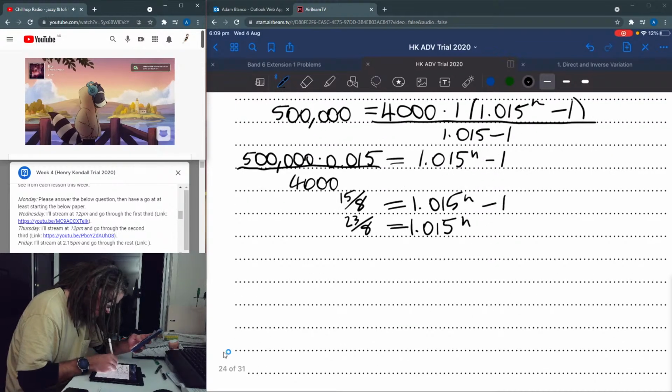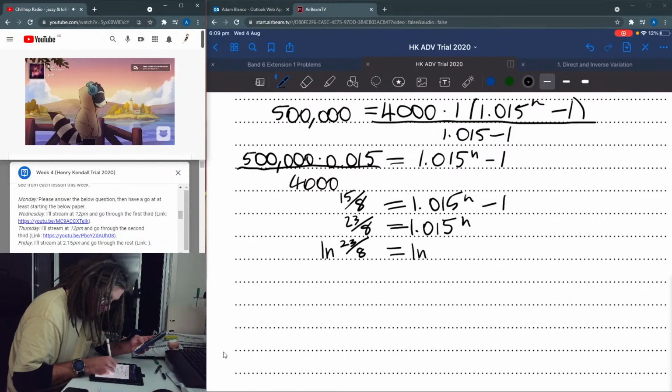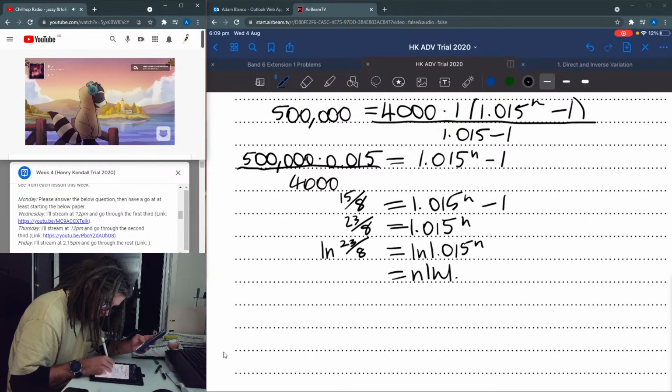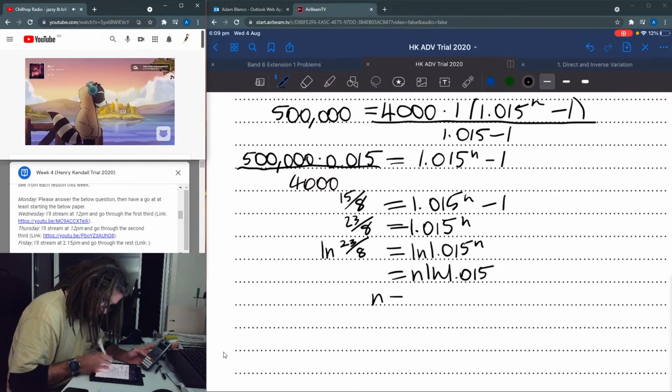Let's take the log of both sides. Let's move the n out the front. Let's divide by it.